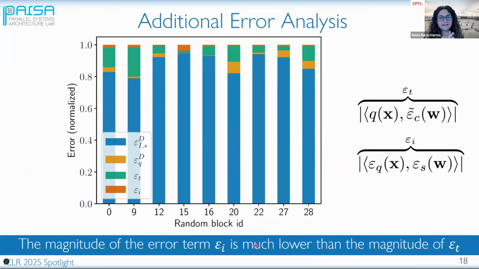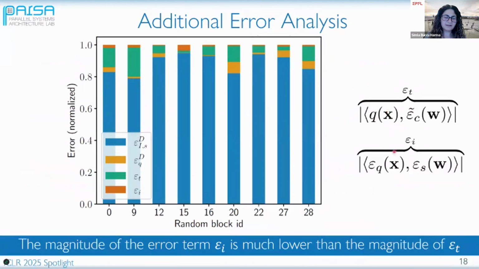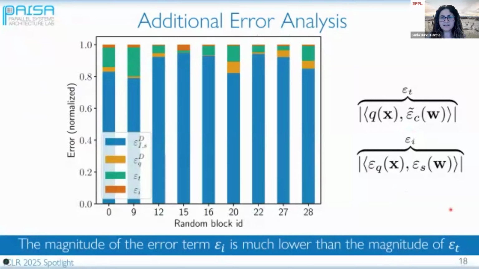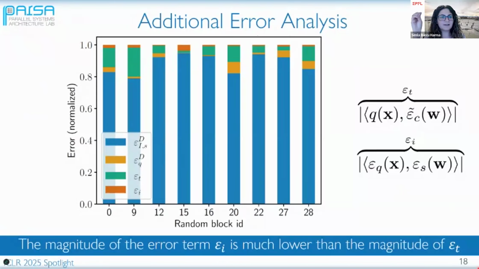We analyze these additional error terms to see how much they contribute to the total error. So we select random quantization blocks from the model and normalize their errors. Here the goal is to compare epsilon T and epsilon I we saw from the previous slides, and which one contributes most to the additional errors appearing in combining sparsity and quantization.